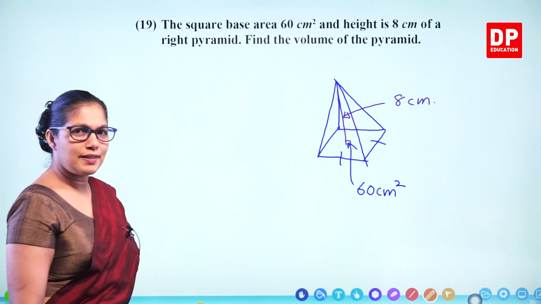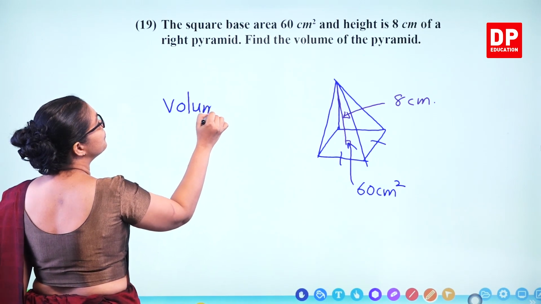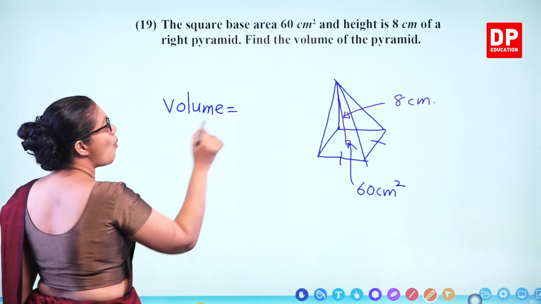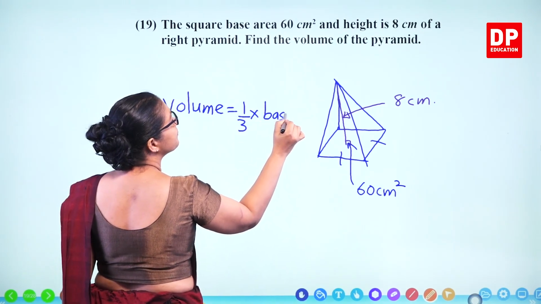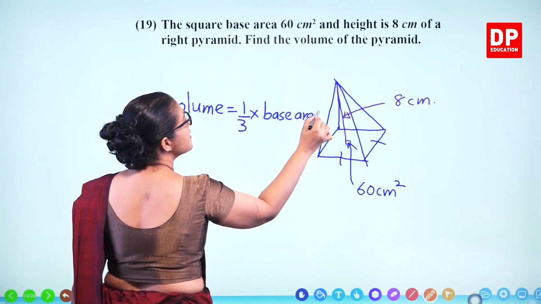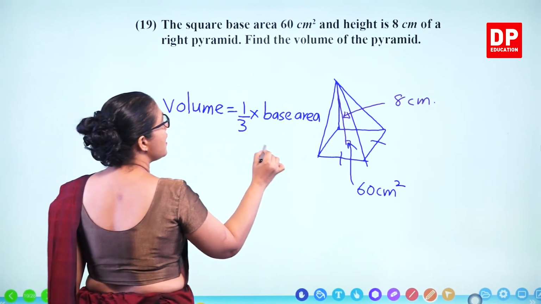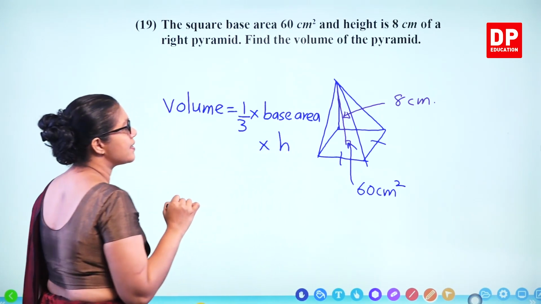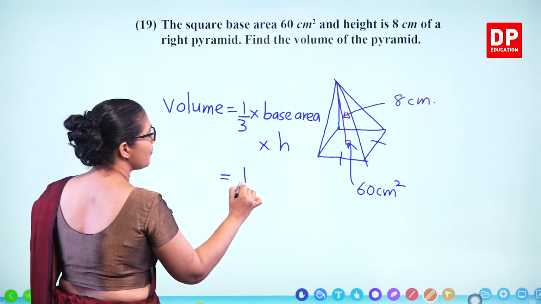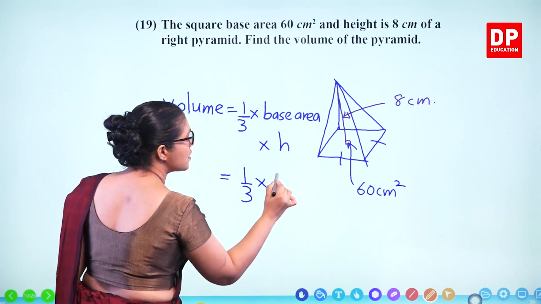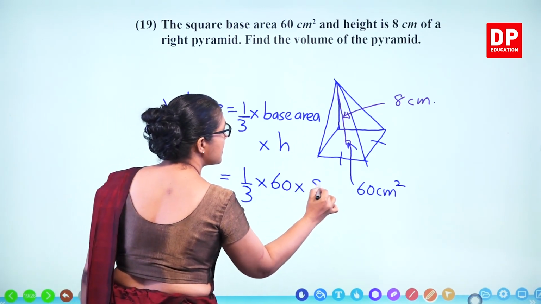Volume of the pyramid. What's the volume? Volume is 1/3 of the base area, whatever the base area, you can get a triangle or a square. So base area into perpendicular height. So that's the volume formula for a pyramid. 1/3 into 60 is the base area and height is 8.